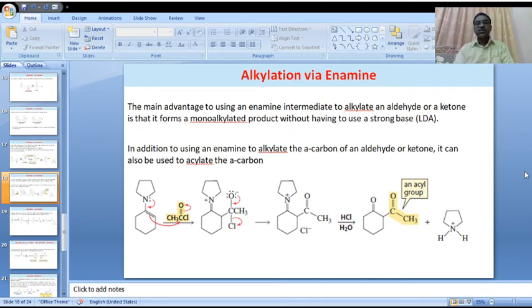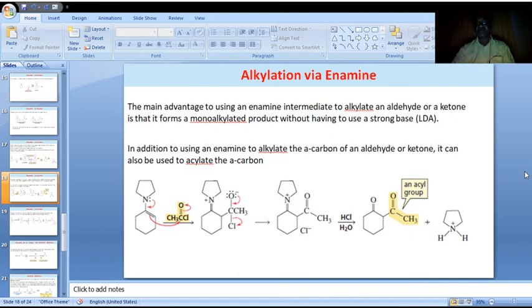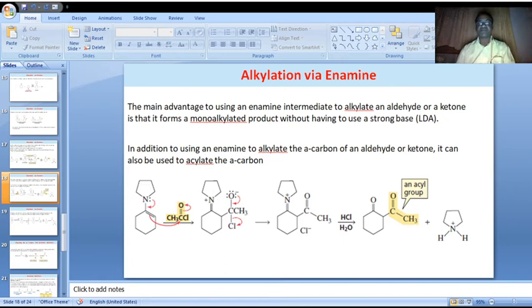Here the reaction proceeds with the acylation process.